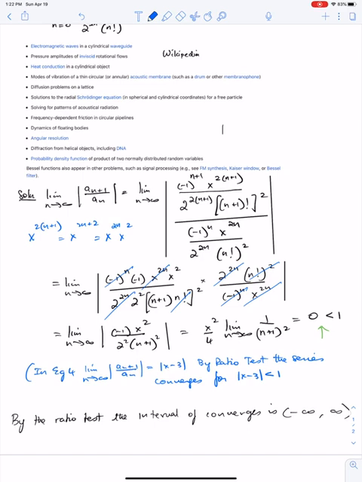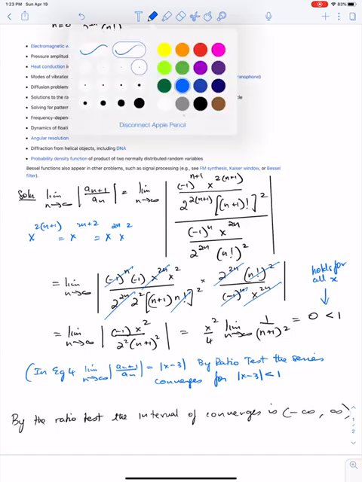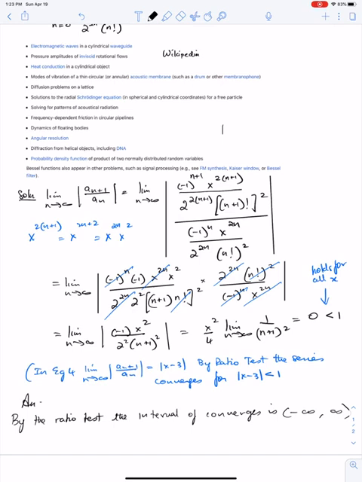But here we got 0, and 0 is always less than 1. So it holds for all x. Holds for all x, right? And that is why the answer is, by the ratio test, the interval of convergence is minus infinity to infinity.